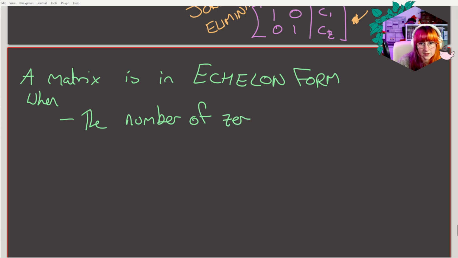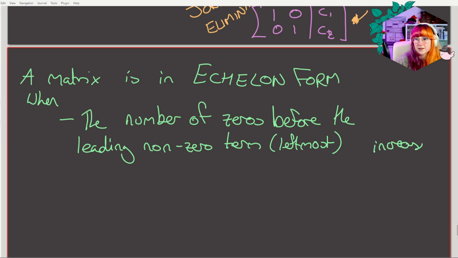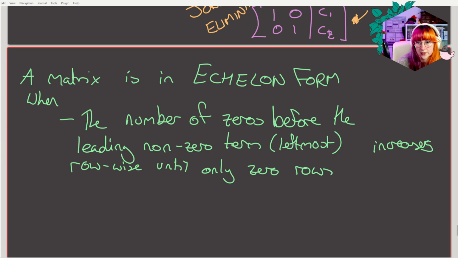The number of zeros before the leading non-zero term, which is the leftmost non-zero term, increases row-wise until only zero rows remain.